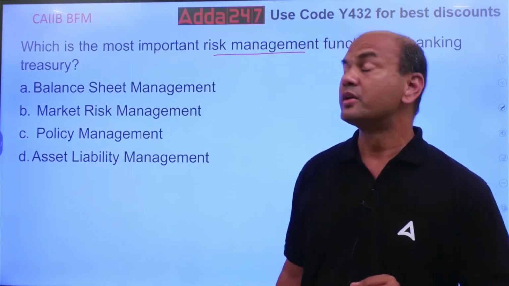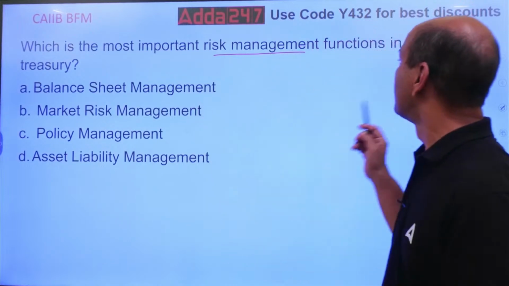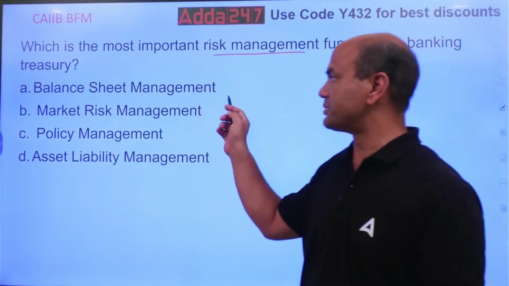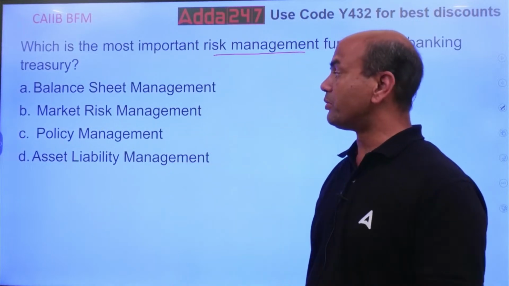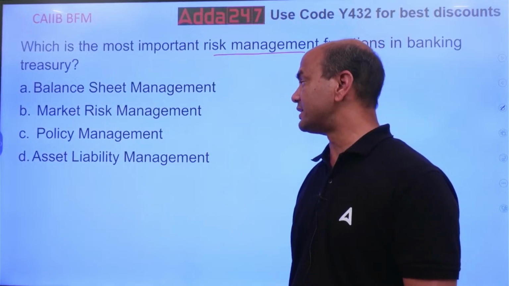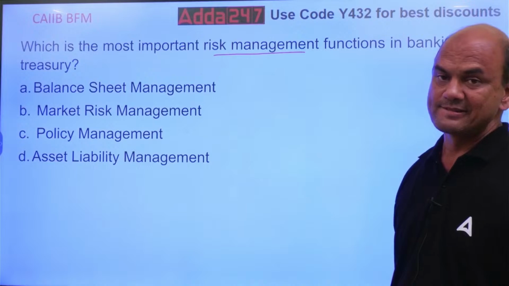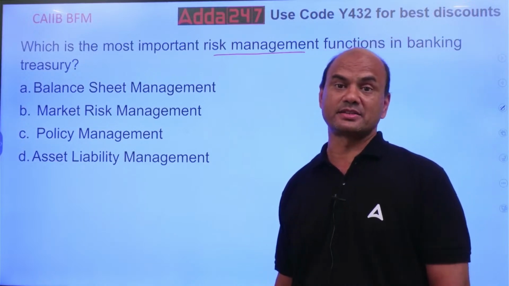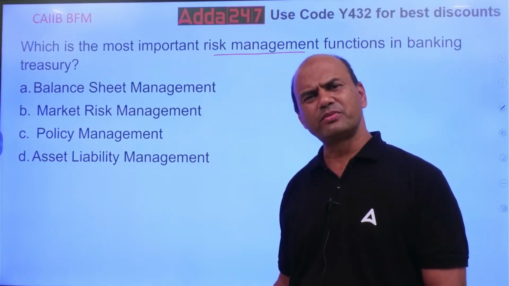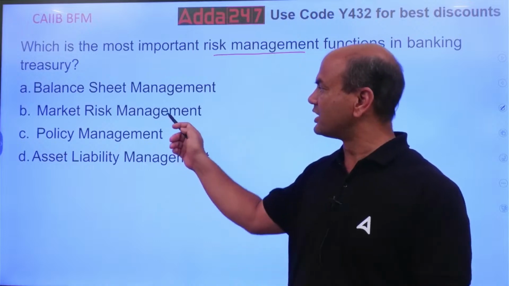So what is the main job under risk management for the treasury? Balance sheet management, market risk management, policy management, and asset liability management. Think over it. As the topic is risk management, many of you might have first made it in your mind: risk management will be the answer.